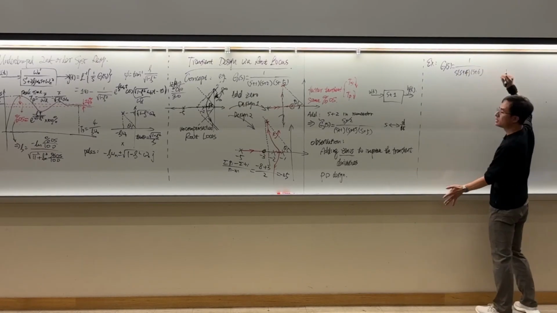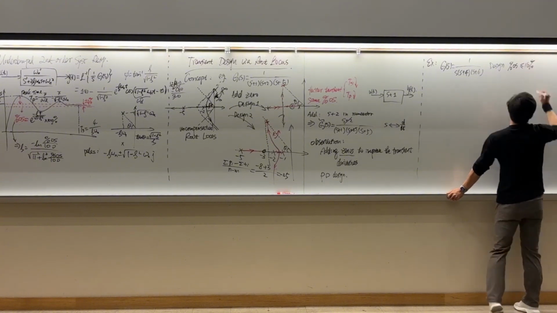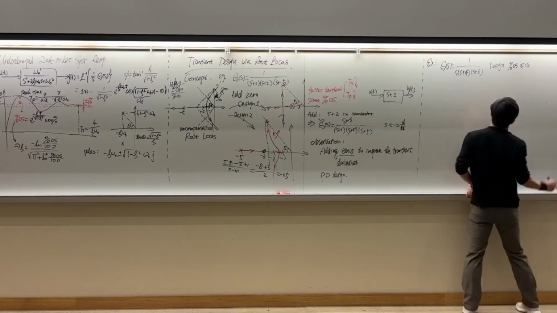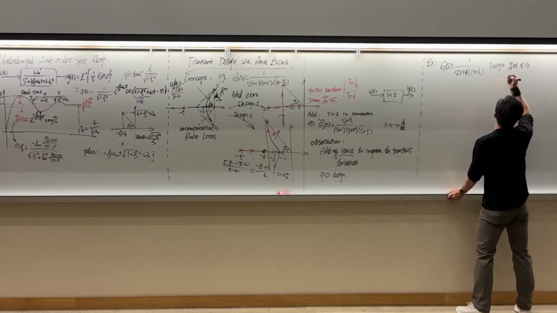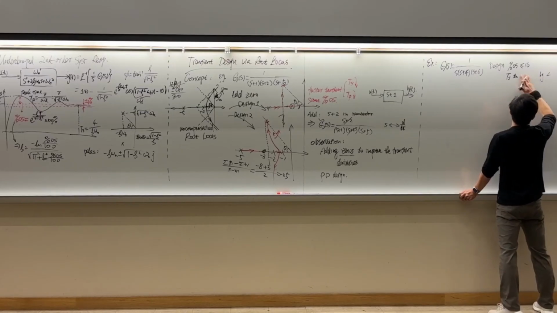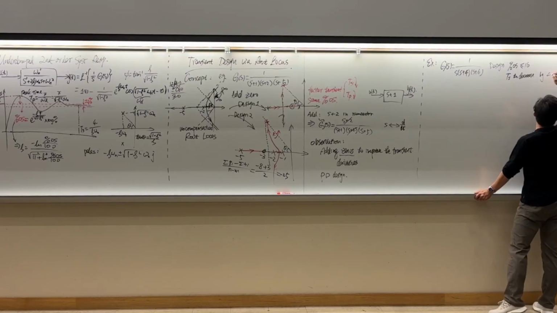I want you to design such that the percentage overshoot will be less than or equal to 16%, and then the settling time is decreased by 4 folds.